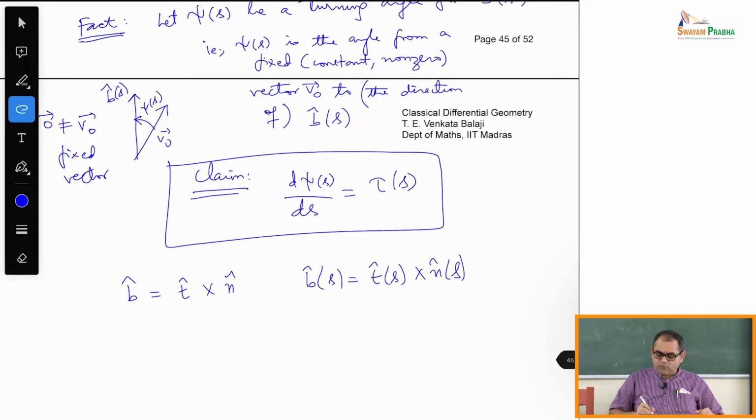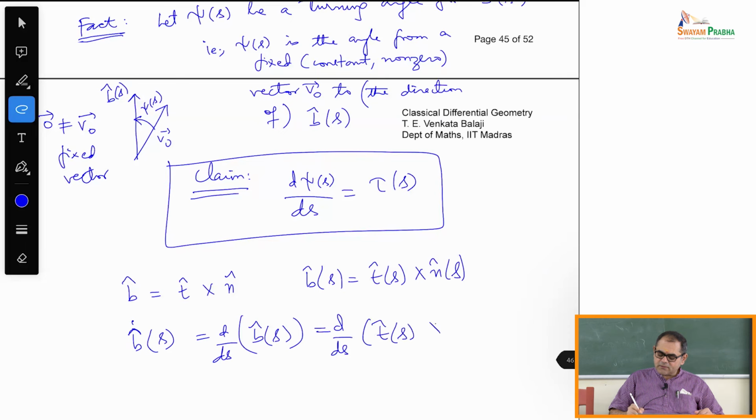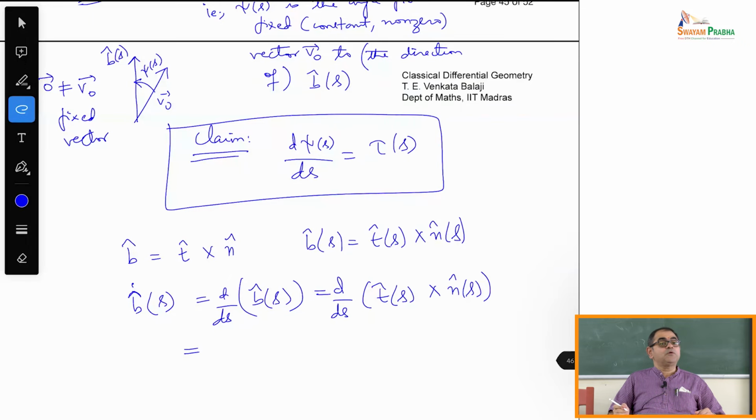Now let's calculate the derivative. b hat dot s is d by ds of b hat of s, which is d by ds of t hat of s cross n hat of s. When you differentiate a cross product, it's again a product rule, but keep the order carefully, because a cross product is anti-symmetric. If you change the order, you get a minus sign. You can verify this easily.